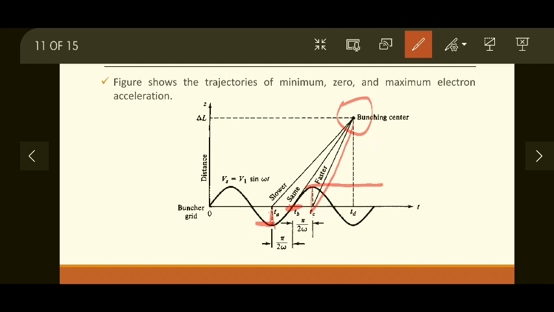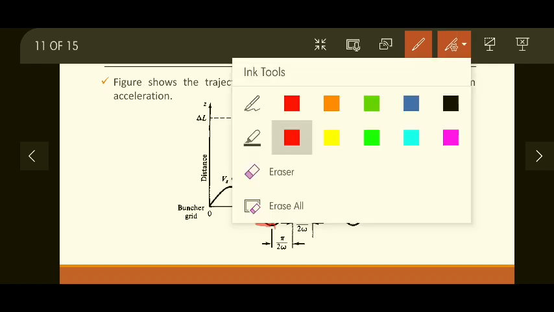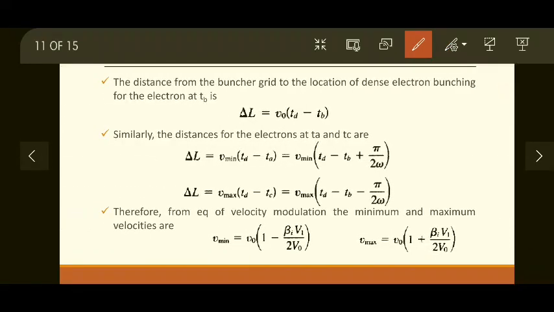Now the distance between Ta and Tb is pi upon 2 omega, and between Tb and Tc it is pi upon 2 omega again. The next part is the distance from the buncher grid to the location of dense electron bunching for the electron at Tb, which is given by delta L. We can derive this expression for delta L. It starts with the initial velocity V0, that is the unchanged velocity, and Td minus Tb.